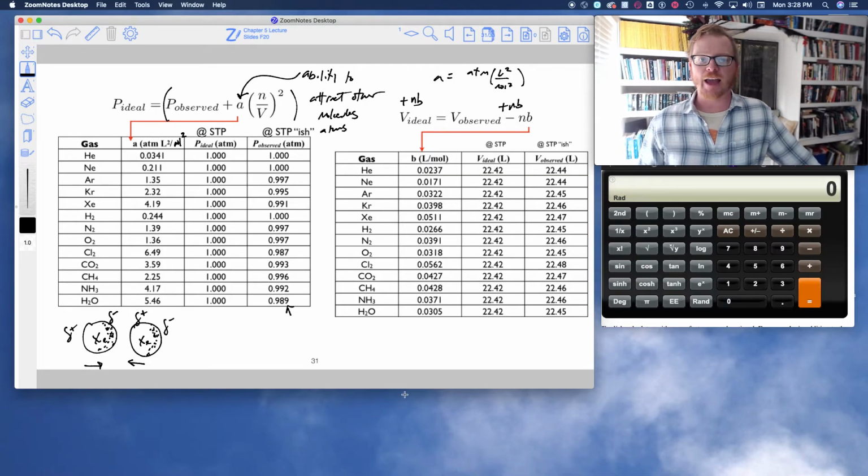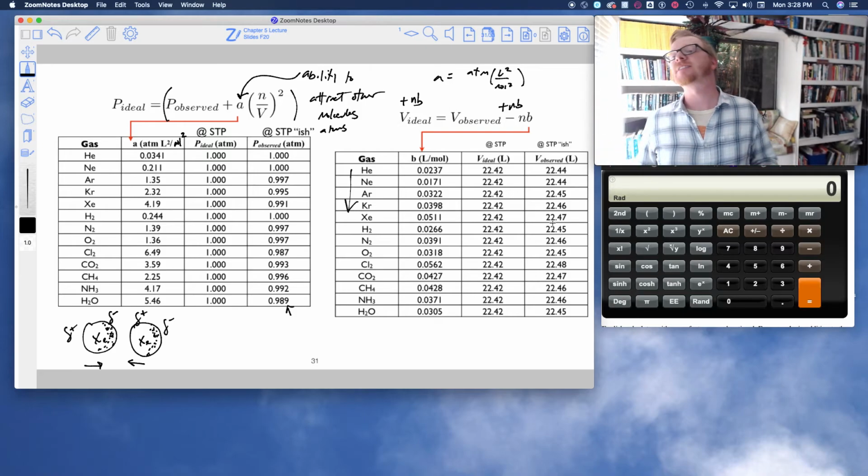And we note that helium is quite small, neon is quite small, but as we go down this list, the gases are getting bigger, as you can see by this B term. And you notice that the observed volume is getting bigger.